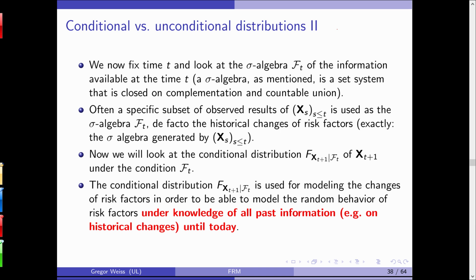Now, in many cases in risk management, it is quite clear whether you should use an unconditional or a conditional model. For example, in market risk management, you will almost always use a conditional one. Why? Because market prices change. You have market prices for commodities, stocks, and bonds, and these prices change from day to day. So you will have to use a time-varying model. If, in contrast, you do credit risk management, credit risk models are usually unconditional.